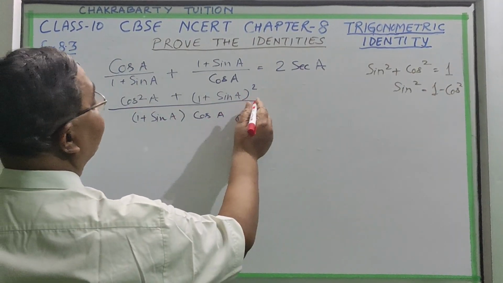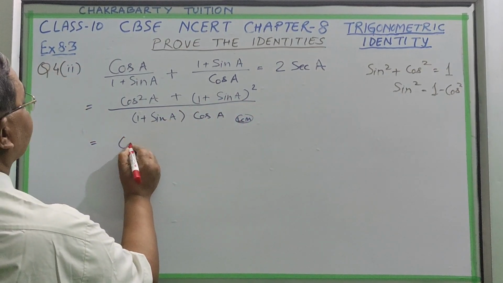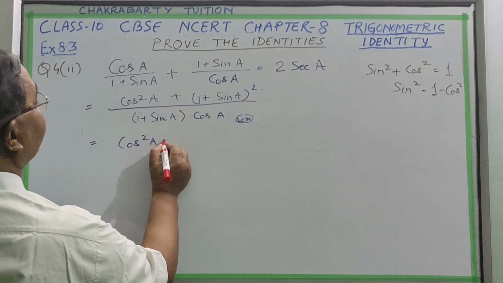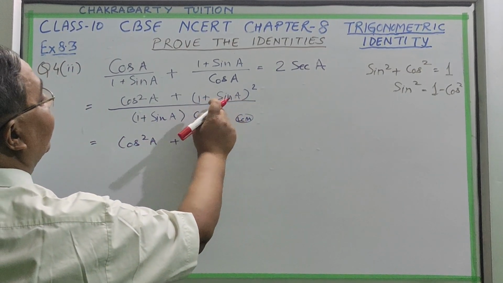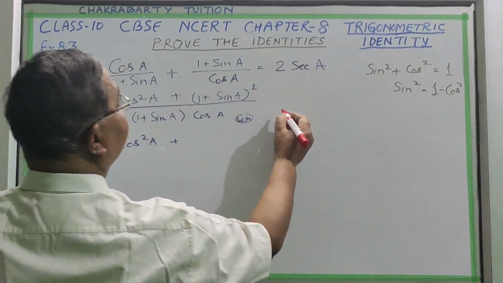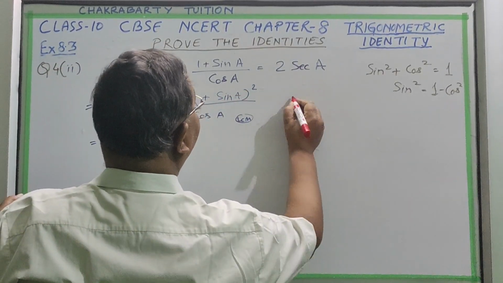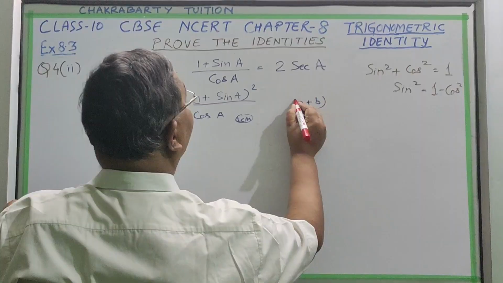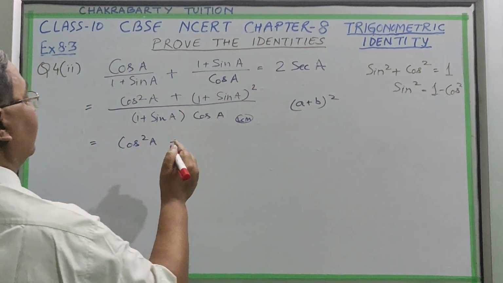So now we will expand it. We use the identity (a plus b) whole square, equal to a square plus b square plus 2ab.